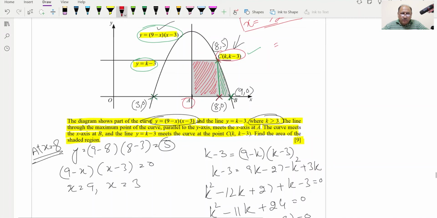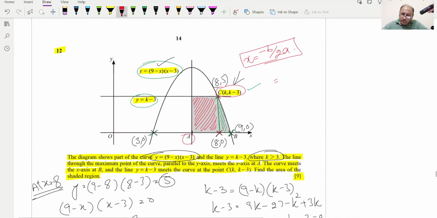We have to form the quadratic equation, so let us form it over here. We can open this one. y is equal to, multiplying this, 9x and minus 27, and then minus x squared plus 3x.